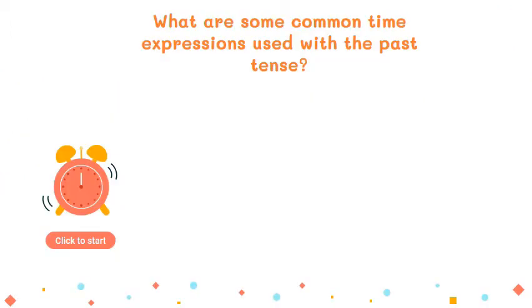What are some common time expressions used with the past tense? There are some keywords in a sentence that will guide you to know when this happened. For example, in 1980, which is a long time ago.